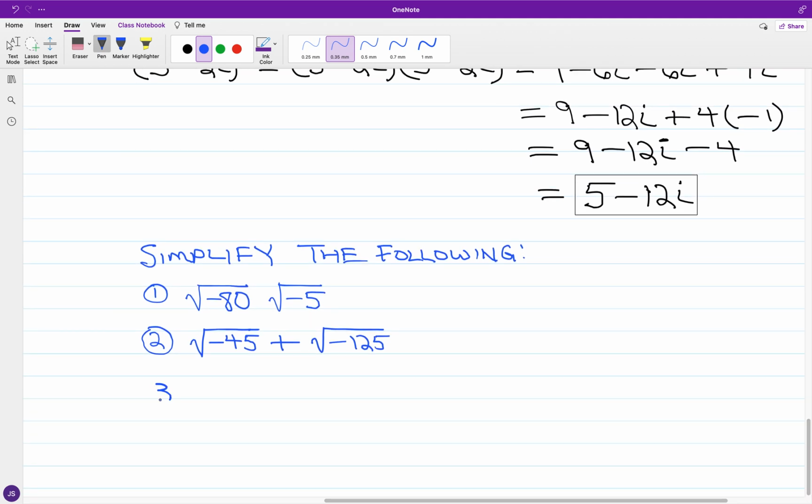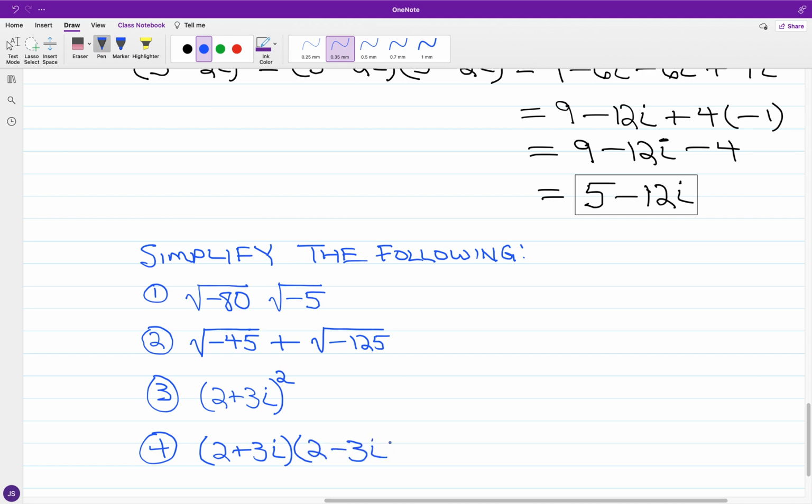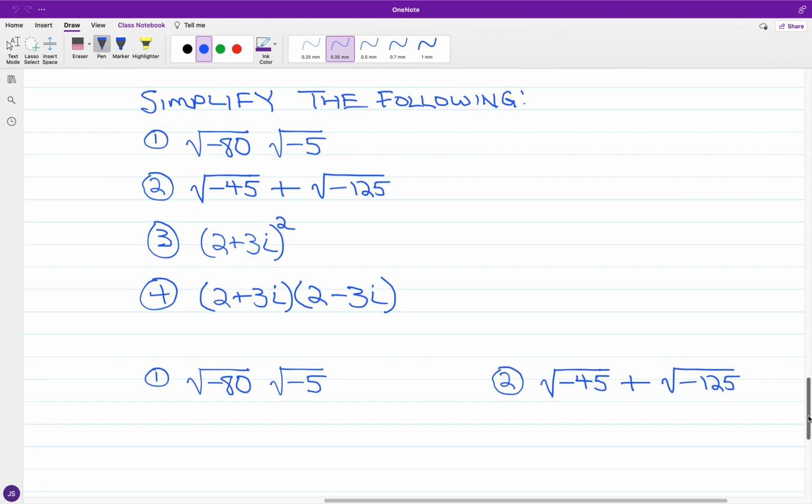And in the case of working with standard form, say we have the square of 2 plus 3i, we have 2 plus 3i times itself, and we'll see how that differs if you were to multiply both 2 plus 3i and 2 minus 3i.